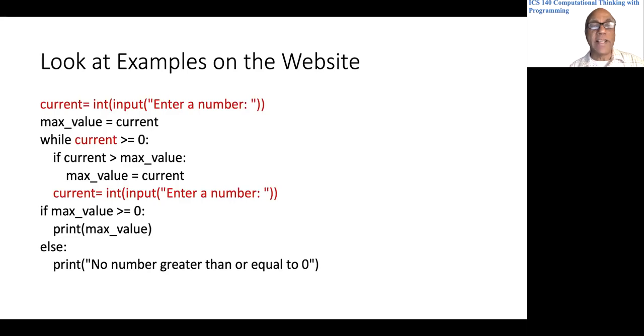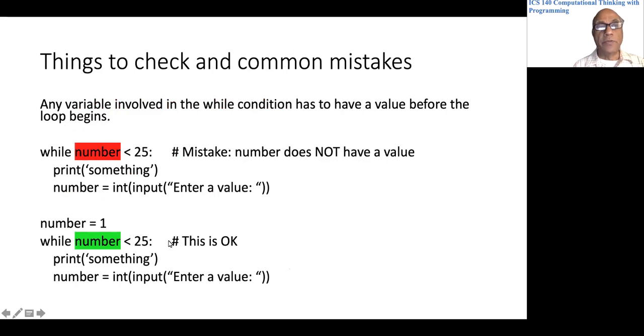Okay, so once again, please look at the examples on the website. Now, there are a few things that you should check. Actually, I have indicated them in the examples, and I want to emphasize those things again.